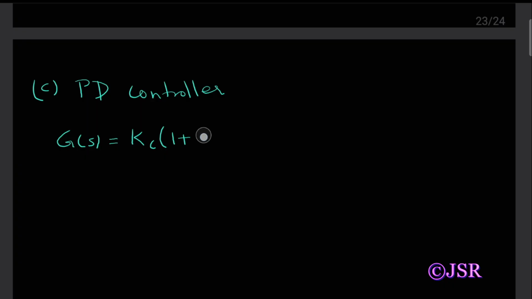So for section C, for the PD controller, the transfer function G(s) can be written as Kc times 1 plus tau d s.